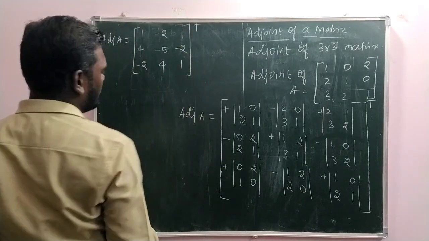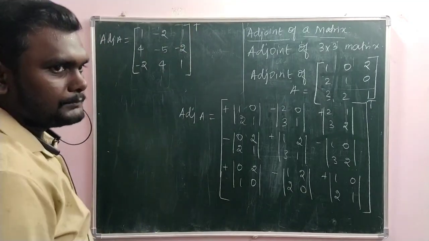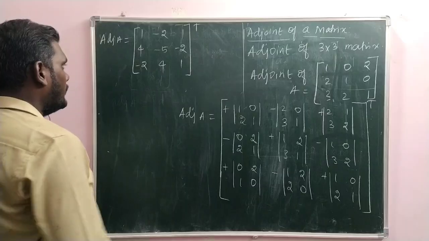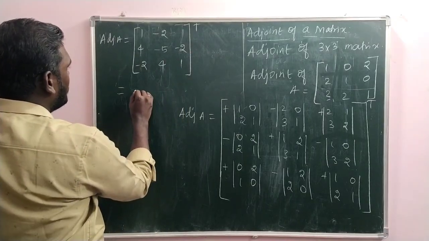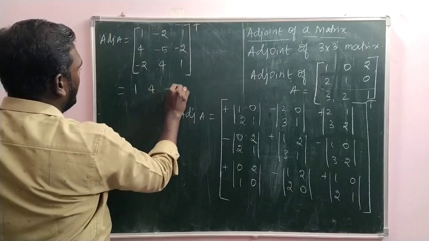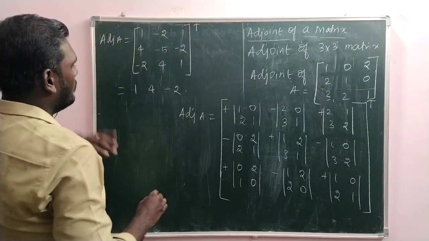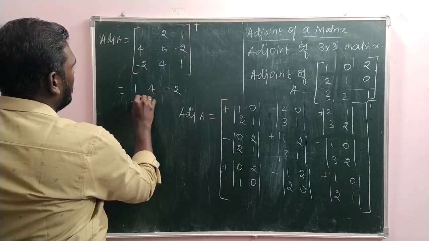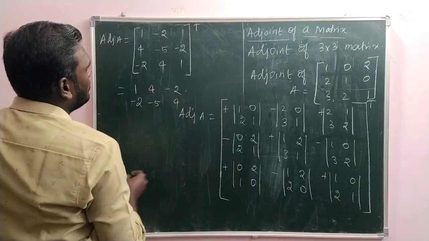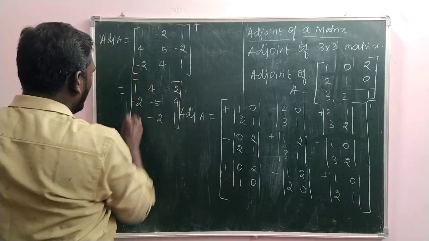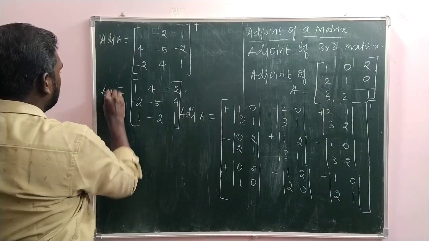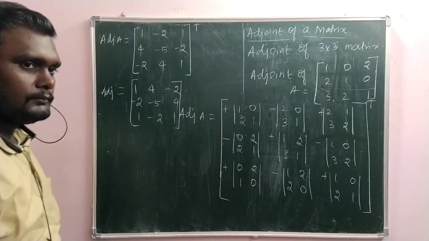Don't forget to put the transpose. Then we can write the transpose of this matrix. What is the transpose? This is 1 4 minus 2. First column I transpose into a row, and this is minus 2 minus 5 4, and this is 1 minus 2 1. This is the adjoint of the matrix.